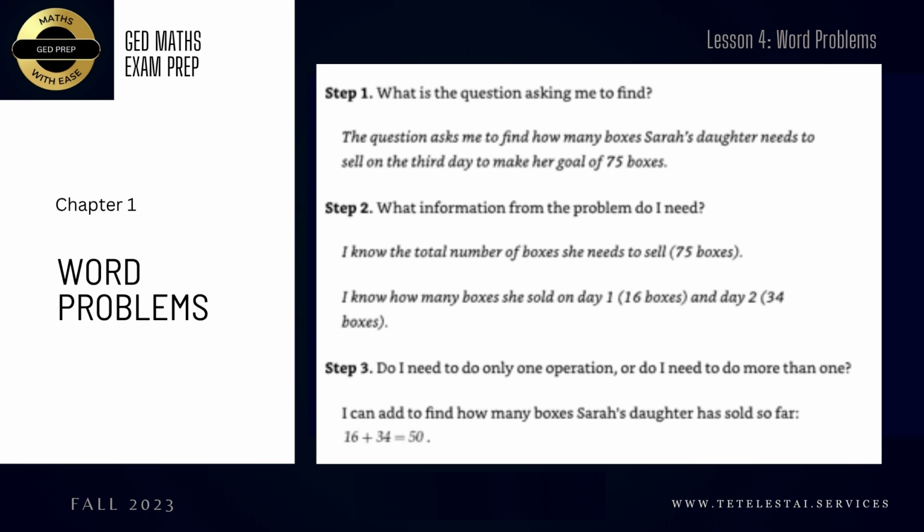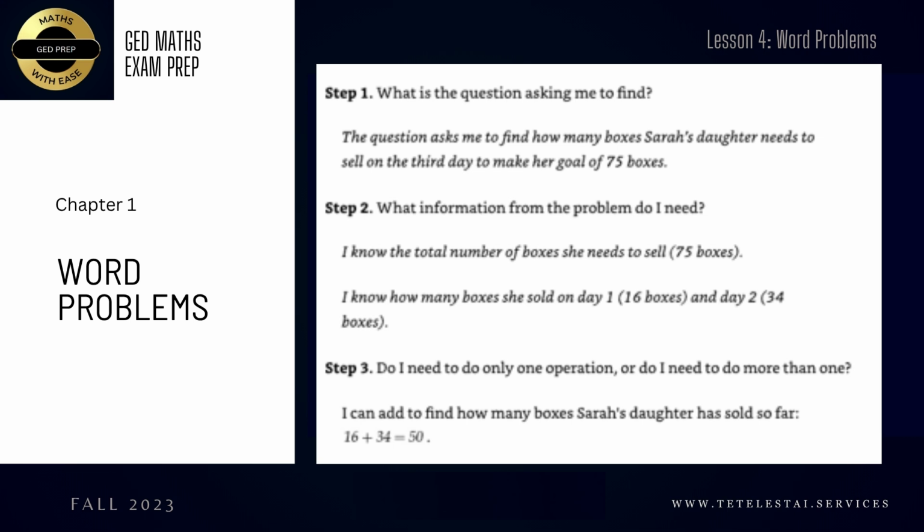So if it helps you, you can rename Sarah, maybe add your own daughter's name if you have one, or maybe put your own name, okay? And that actually then makes it easier. Okay, if my boss tells me I need to sell 75 boxes and I sold 16 on the first day and 34 on the second day, how many boxes do I have left to reach that 75 mark, right?